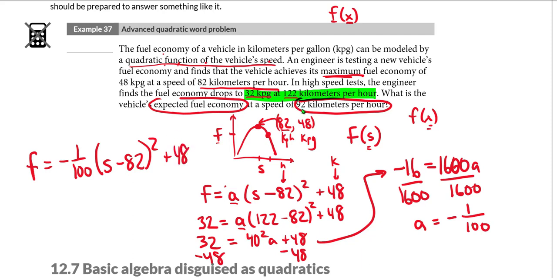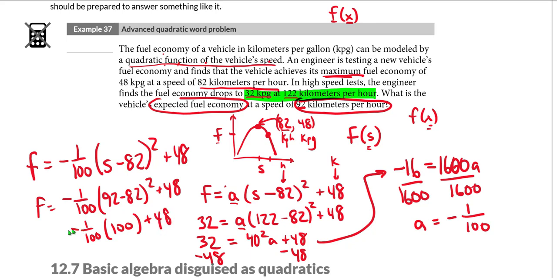And finally, the question itself is asking, what is going to be my f, my fuel economy, at a speed of 92 kilometers per hour? That's going to end up being quite nice, because when I put 92 in here, 92 minus 82 is just 10. So I've got f equals negative 1 over 100 times 10 squared, which is 100.